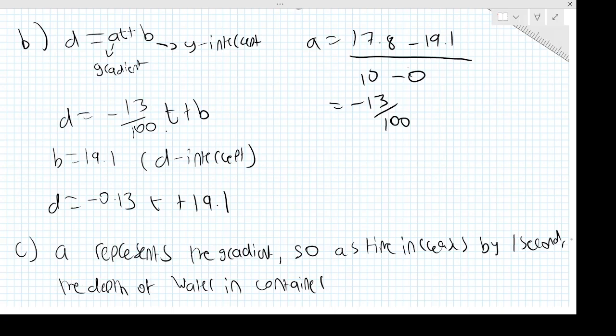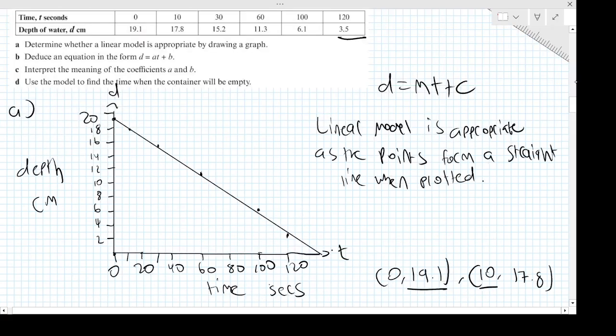If we read the question, what's A? Well, A is minus 13 over 100, right? That's the gradient there. Well, that's negative 0.13, so it decreases by 0.13 centimeters, right? Is that the units? Yes, d centimeters. Cool.